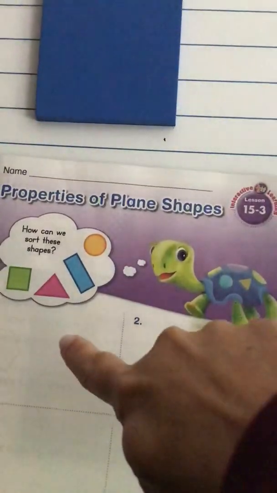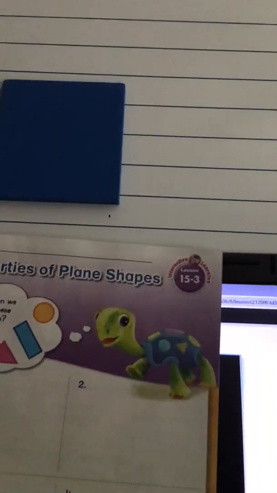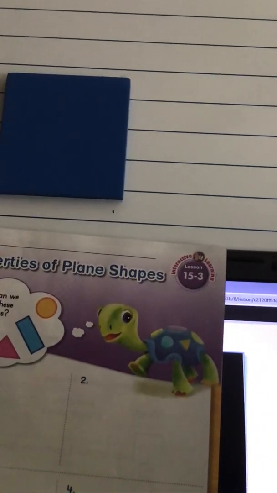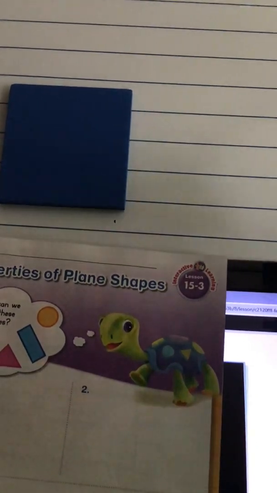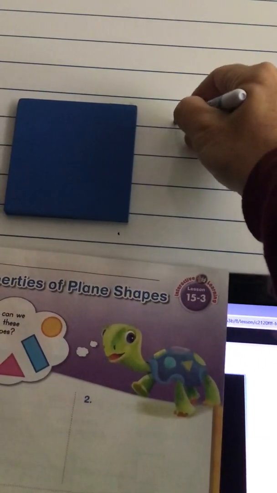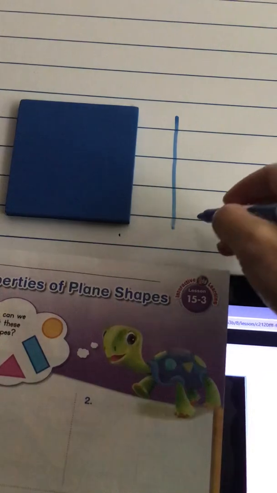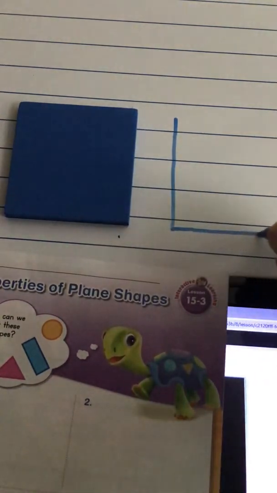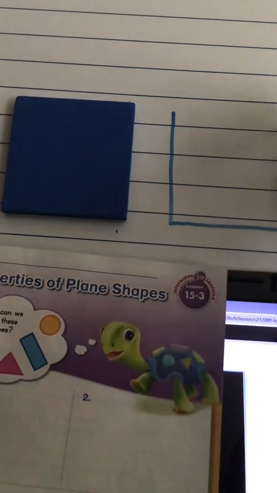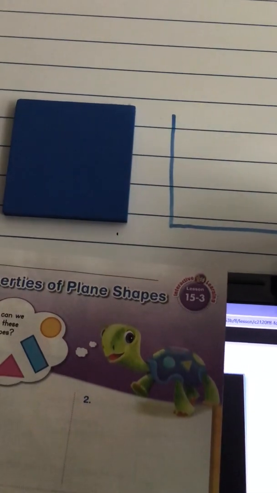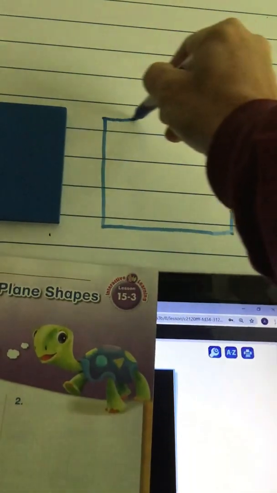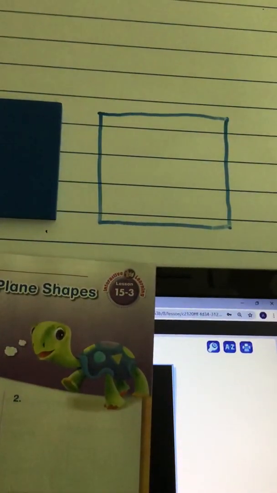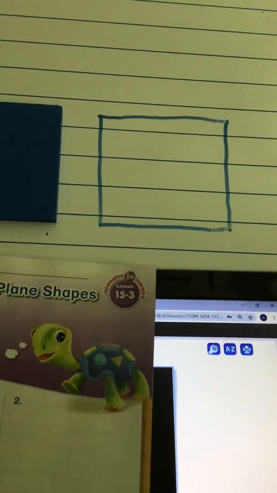In the box for number 1, you are going to draw a square. Just try your best. It does not have to be perfect. If you start and go straight down, and then you can go straight across the bottom, and then maybe make another line going straight down to connect, and then go up to the top and go across, you should have something that looks like a square.